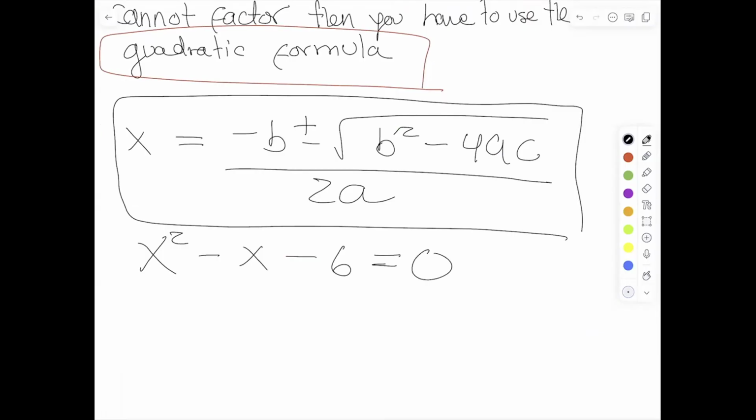And they say you have to use the quadratic formula. If they tell you you have to use the quadratic formula and you factor, you don't get full points. Okay? Because they're telling you, use the quadratic formula. They want to know if you know how to use it.